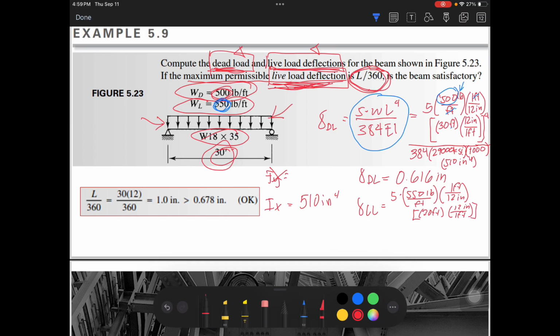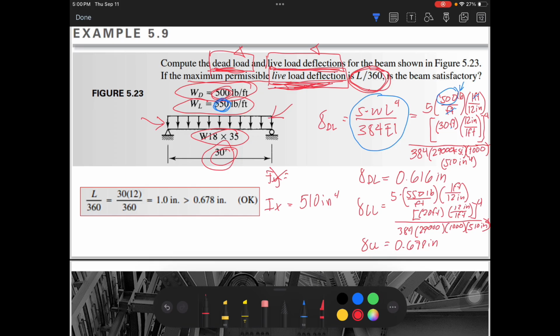Itong quantity na to is raised to 4 all over 384 times 29,000 KSI. So, may conversion siya ng 1,000. And then, yung I natin is 510 inch raised to 4. Multiplying and dividing, this is equal to 0.678 inches. Ito ang deflection due to live load.